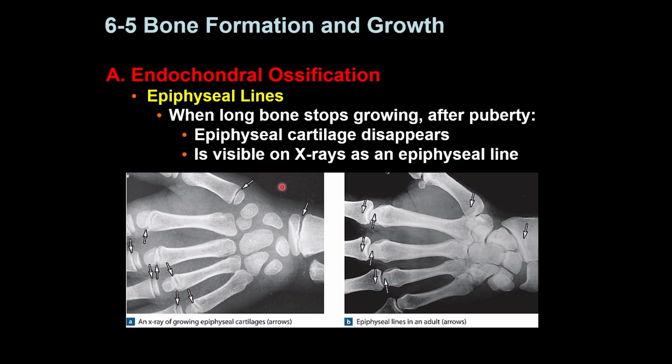Now if you take an X-ray, you can see the difference between a person that is younger and a person that's a little bit older. When you are younger, these epiphyseal growth plates are still open. These arrows are not very accurate, but these are still open, and the cartilage is not calcified, so that's why it looks grayish in color.